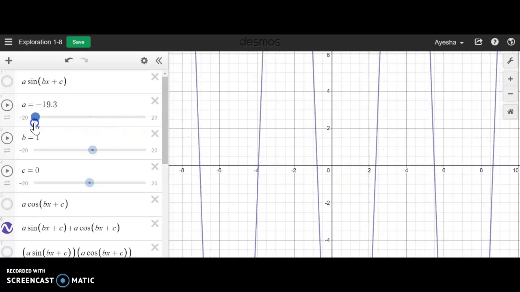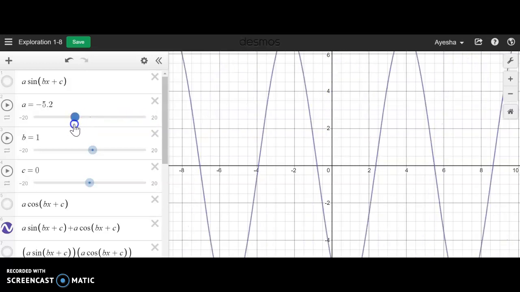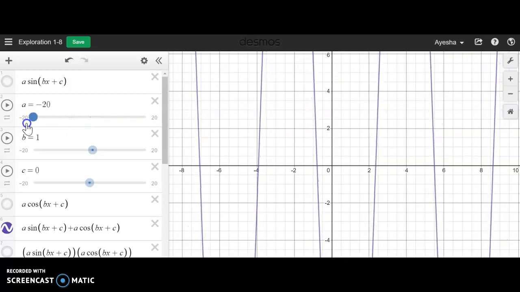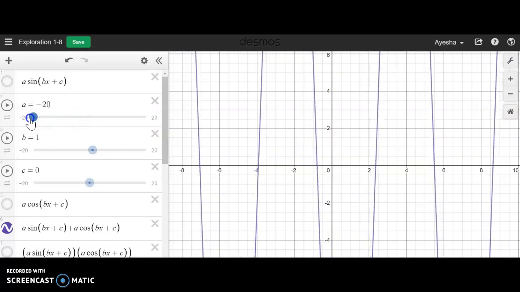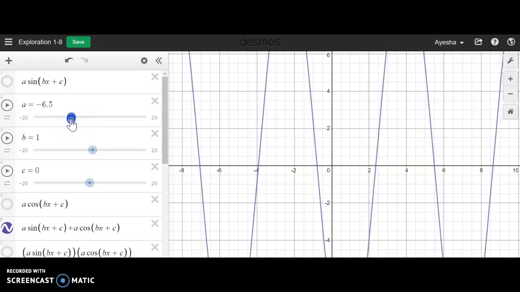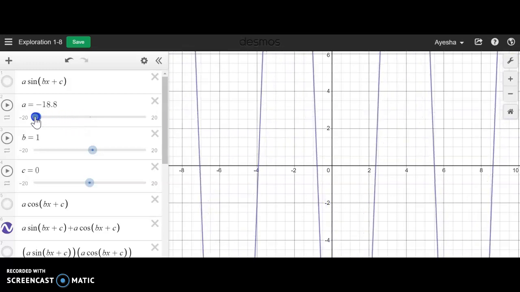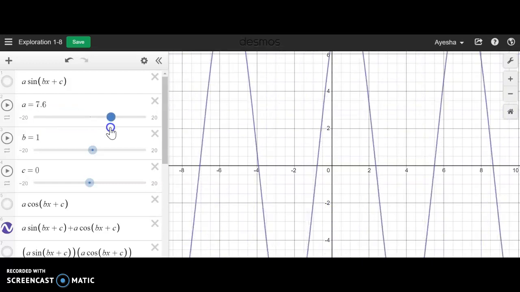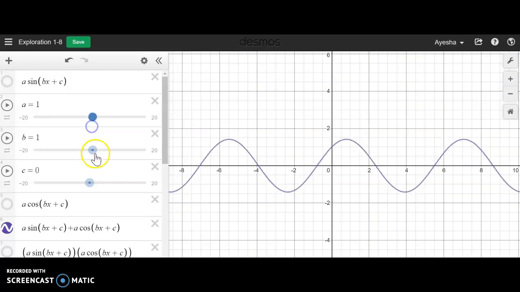Increasing a increases the amplitude, but decreasing it also increases the amplitude, because the amplitude is affected by the absolute value of a, and it doesn't necessarily have anything to do with positives or negatives. I'm going to put this back to 1.